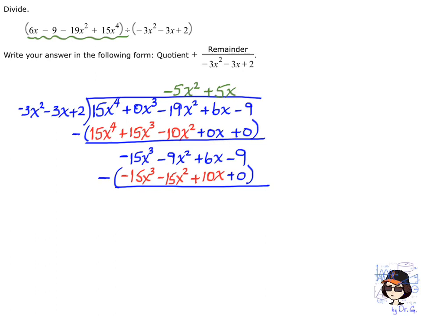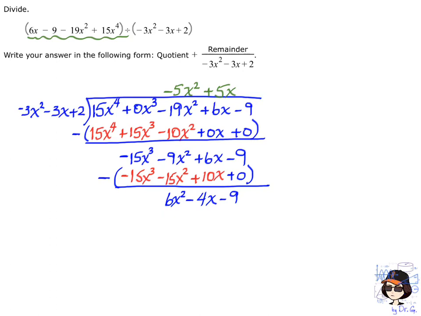Well, that's just negative 9 plus 15, so that's a positive 6x squared. The next term, I've got 6x minus 10x, so that's negative 4x. And the last one is negative 9 minus 0, which is negative 9.